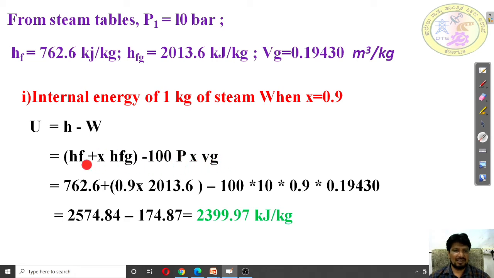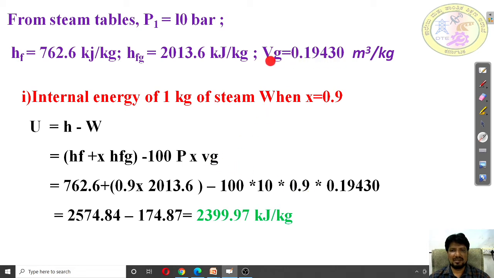We know all the values. HF is from the steam table, 762.6, X is 0.9 and HFG is 2013.6, minus 100 into P, which is 10 bar, then X is 0.9, and Vg from the steam table.